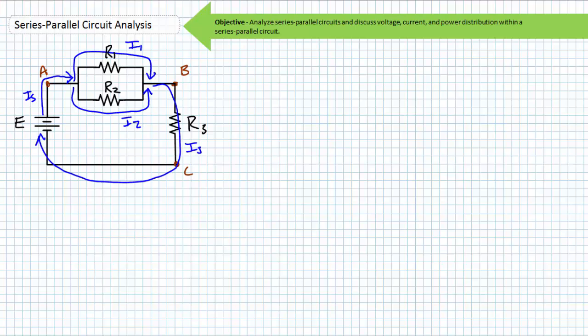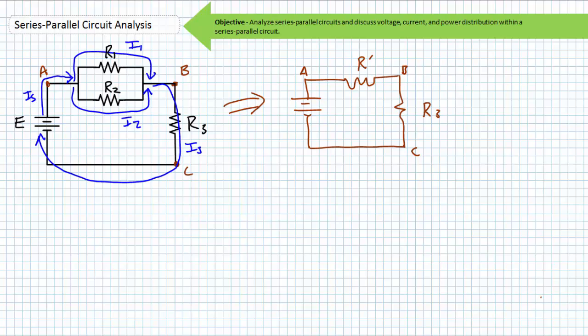Current leaving node B has no choice but to travel through R3 to get to node C. It can be said that R3 is not in series with R1, nor R2 singly, but rather R3 is in series with a parallel combination of R1 and R2, something I'll call R prime.